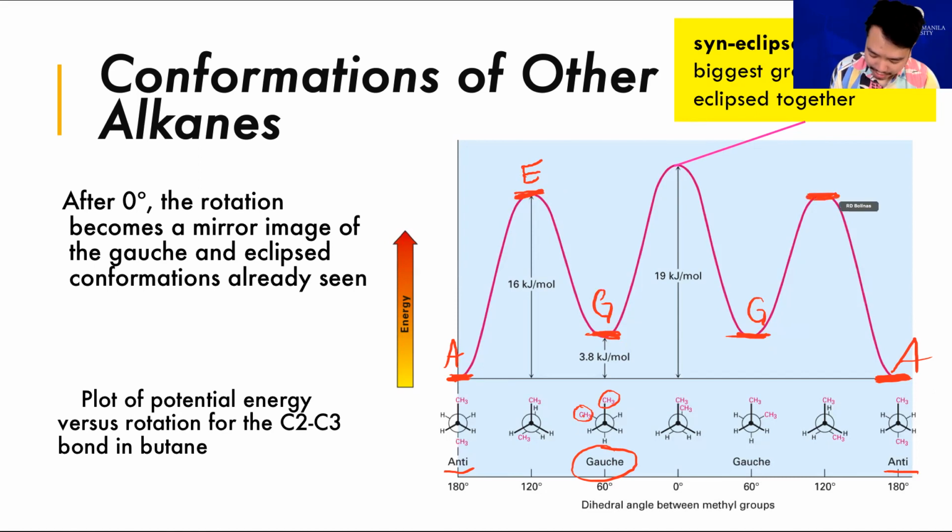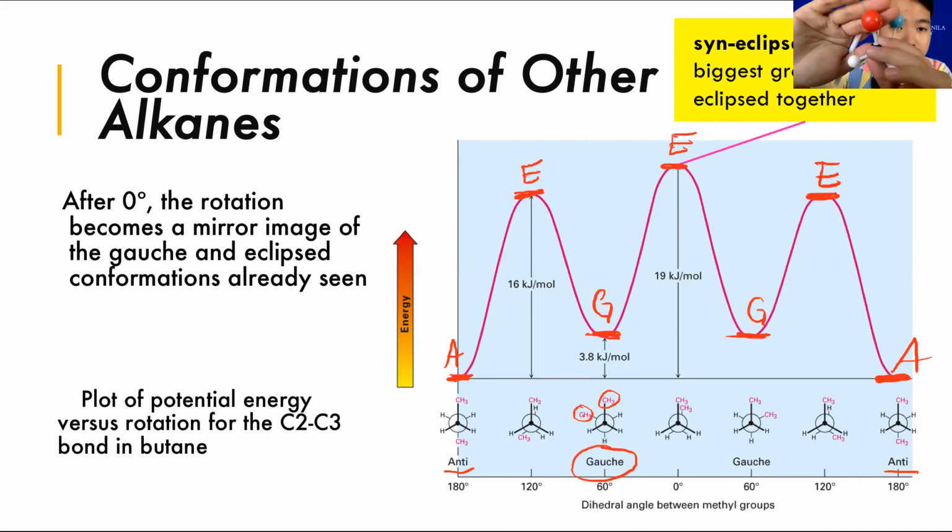So eclipsed. Now, under eclipsed, there's only one special form. The super eclipsed form is when you have your largest two groups perfectly eclipsed to each other. Here, the red and the blue are perfectly eclipsed, front and back.